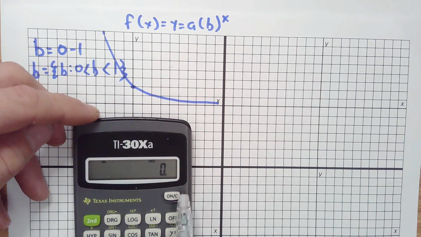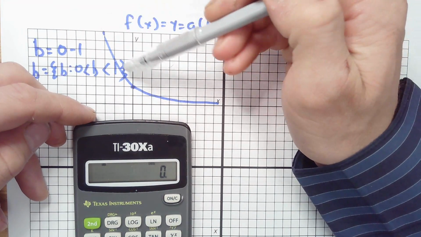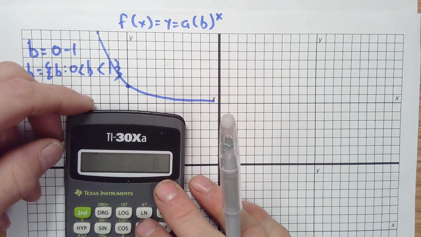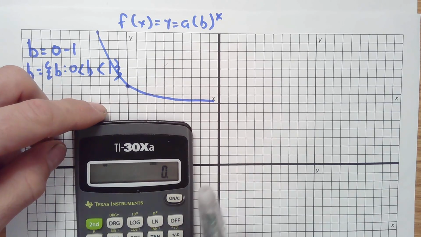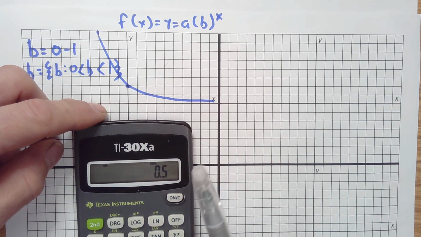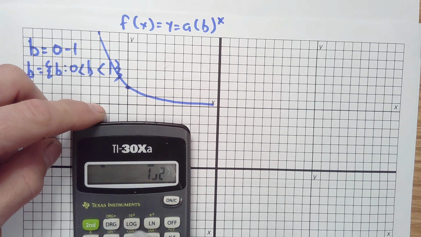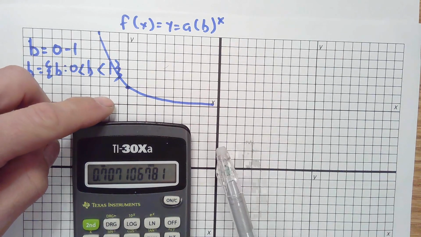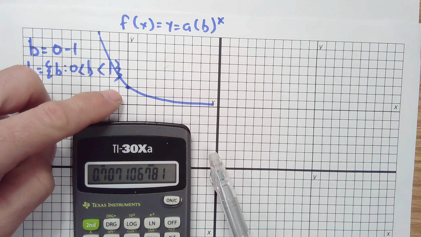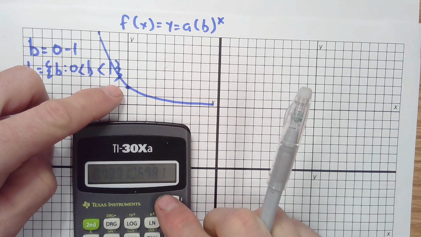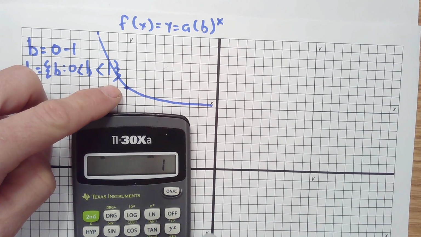Now conversely, let's see what happens when I go the other way. If I make x negative, say 0.5 raised to the negative 1/2, it's going to make it a little bit bigger.